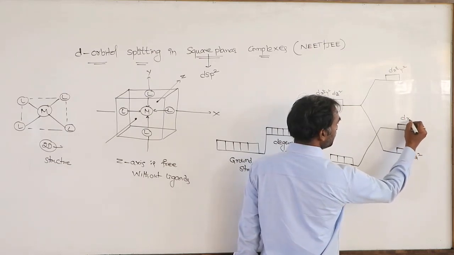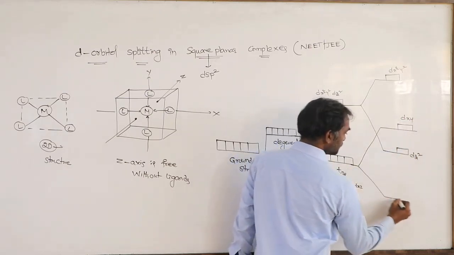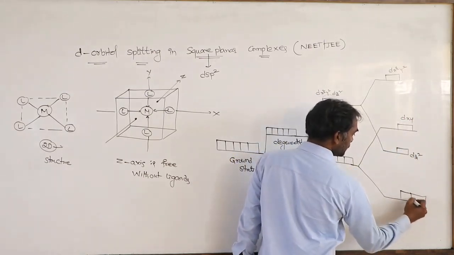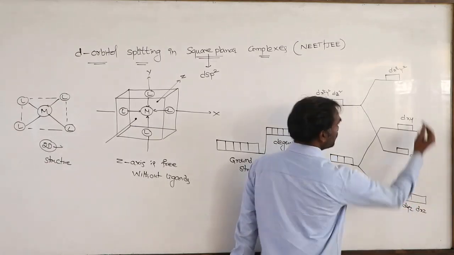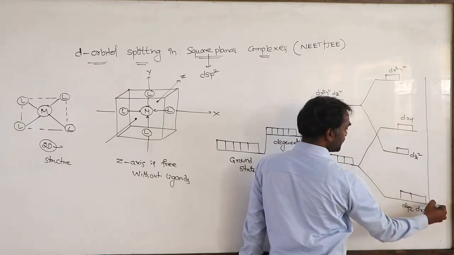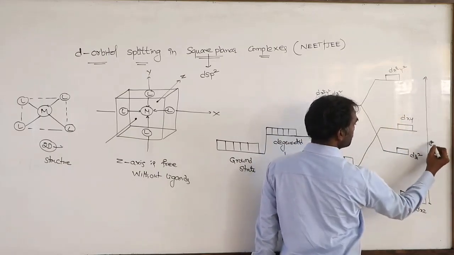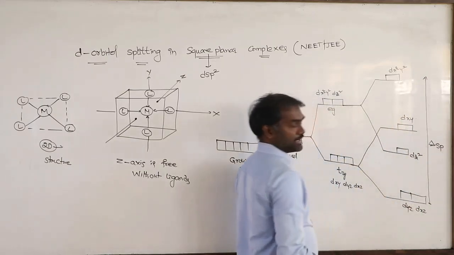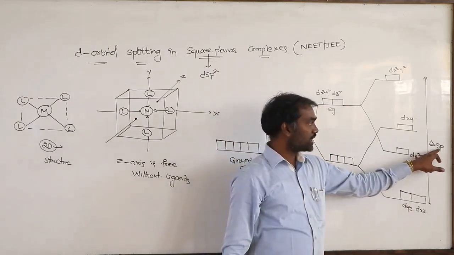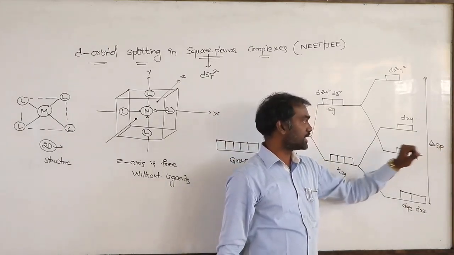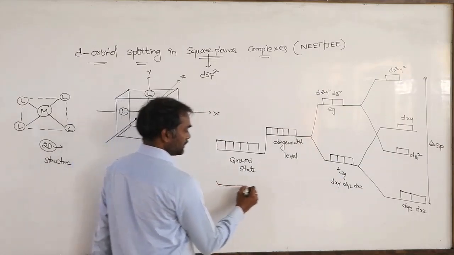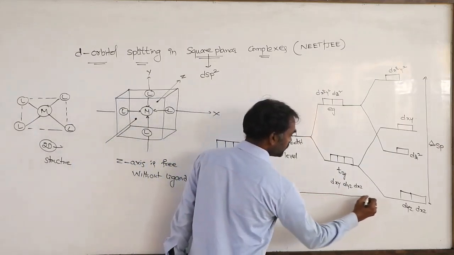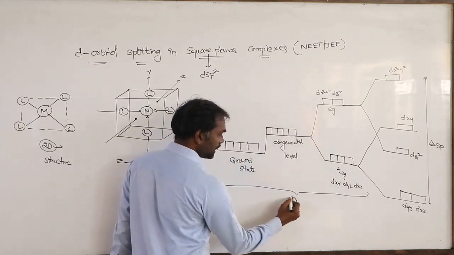So you get dxy above. Next, the z-related ones come down: dyz, dxz. This is the total splitting energy, which you call delta SP, the splitting energy of a square planar complex. Up to here, you can stop, this is the octahedral splitting.